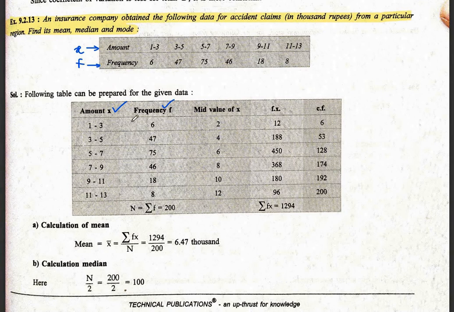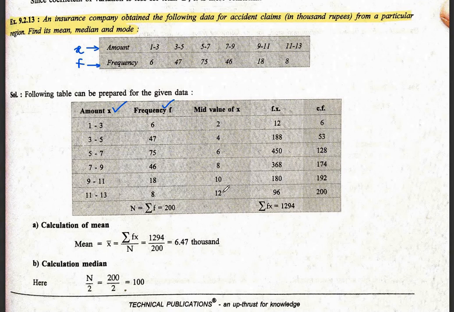Now we have to calculate the mid value of x. The mid value between 1 and 3 comes out to be 2. Between 3 and 5 we have 4. For 5 to 7 we have 6, 7 to 9 we have 8, and between 9 and 11 we have 10.